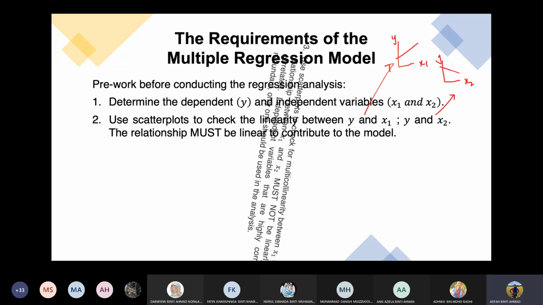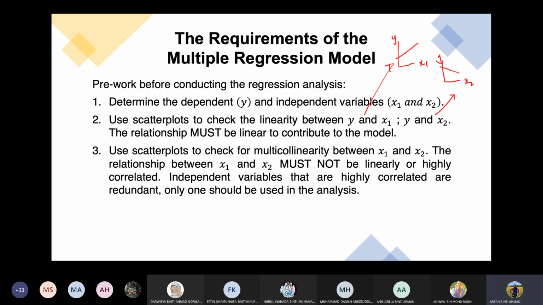Okay. Then use scatter plot to check for multi-collinearity between X1 and X2. The relationship between X1 and X2 must not be linear or highly correlated. So independent variables that are highly correlated are redundant and only one should be used in the analysis. Maksudnya awak kena juga plot antara X1 dan juga X2. Kalau plot X1 dan X2 ni dia mesti tak ada hubungan yang linear. Kalau tak, kita tak boleh guna multiple linear regression.